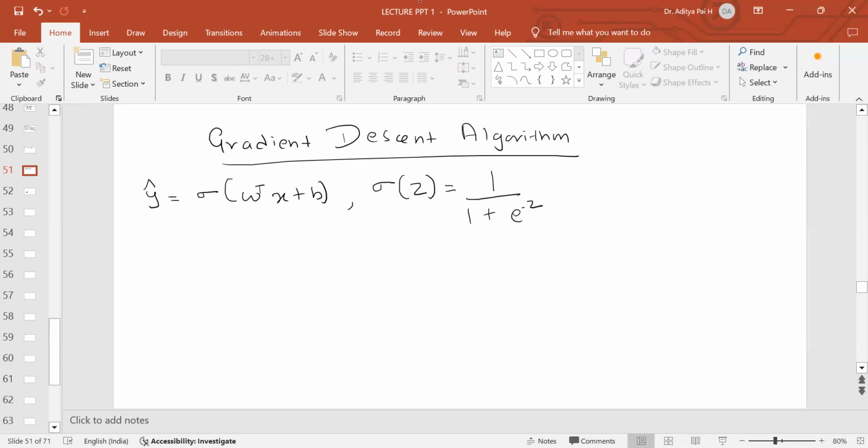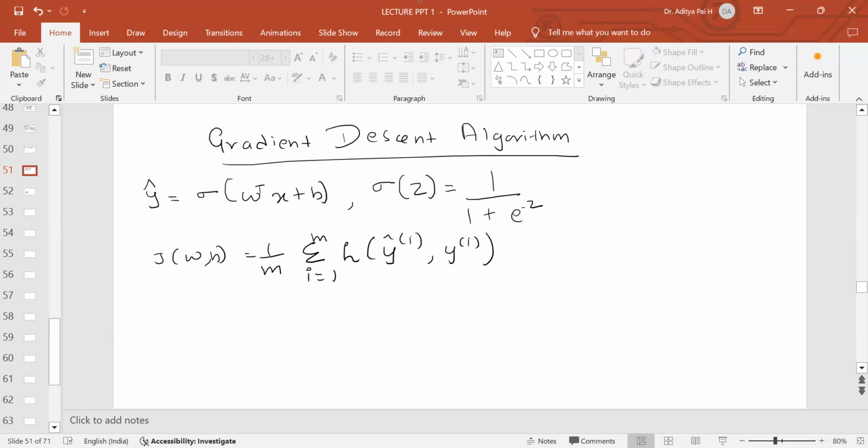Now, the cost function is calculated by J of W comma B, which is nothing but 1 by M summation of i equal to 1 to M, with the loss function.